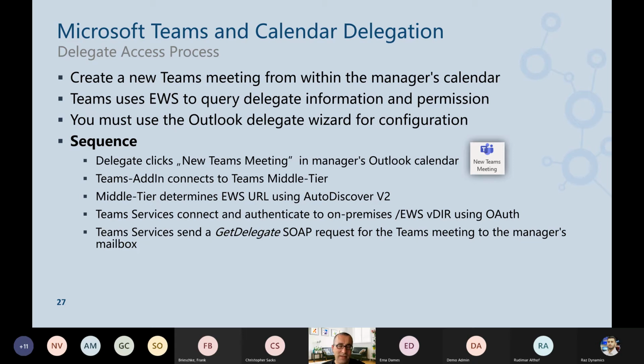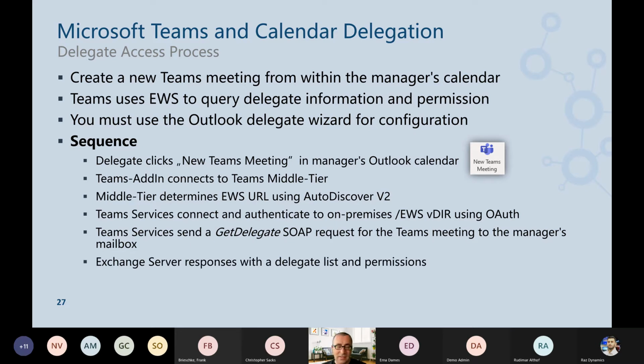So it fetches the list of delegates, and this is why you must use the Outlook delegate wizard to assign another person as a delegate. Assigning a permission on a folder does not make the person a delegate for your calendar. The person might be able to access the calendar in Outlook, but is not officially, technically a delegate.